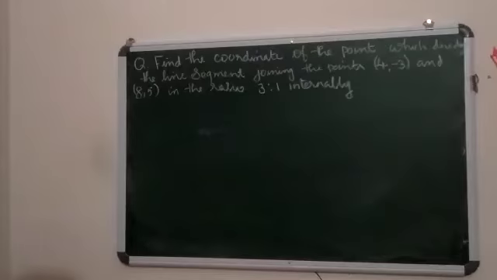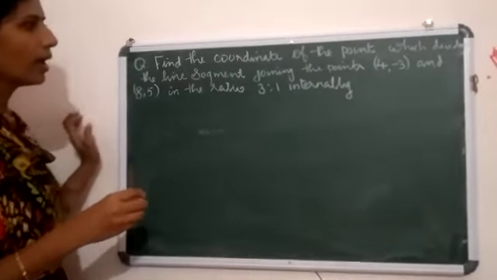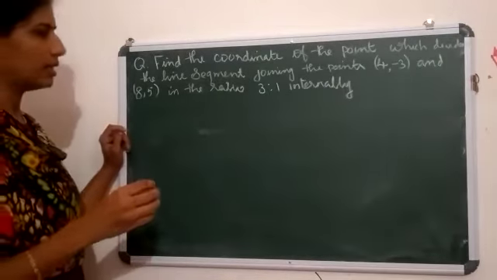We will do one problem using the section formula. Find the coordinates of the point which divides the line segment joining the points 4, -3 and 8, 5 in the ratio 3:1 internally.